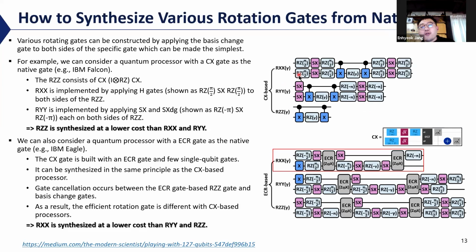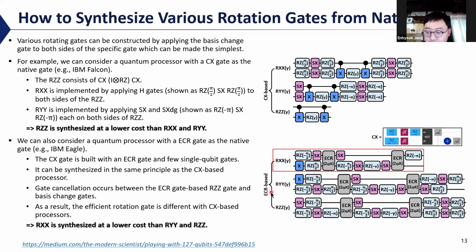For making the RXX gate, we attach Hadamard gates on both sides. And for the RYY gate, we apply the SX gate or the inverse of the SX gate on both sides. So in this case, the RZZ gate is the most efficient rotational direction.